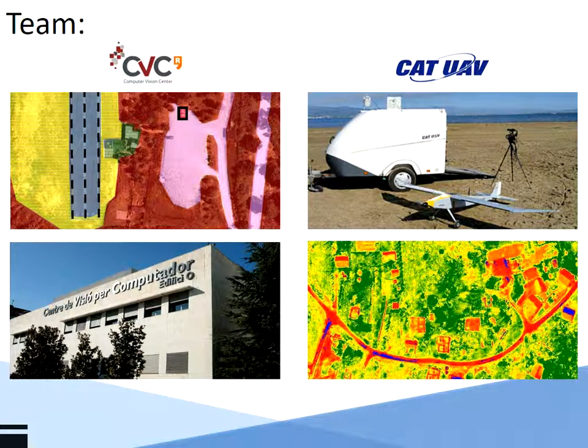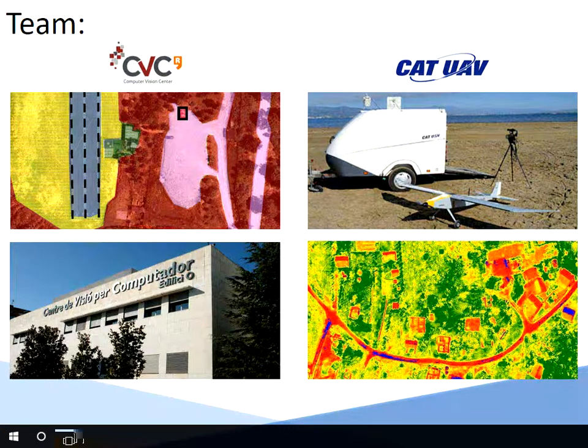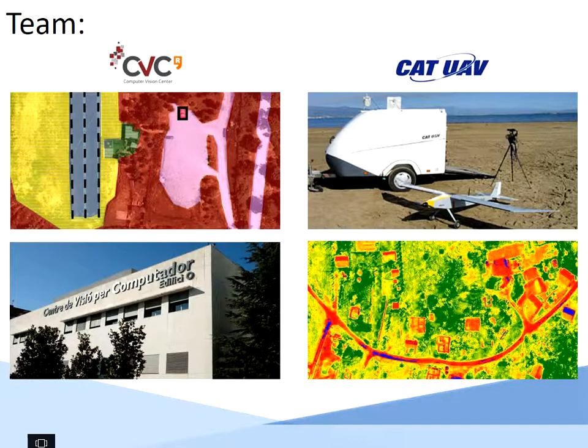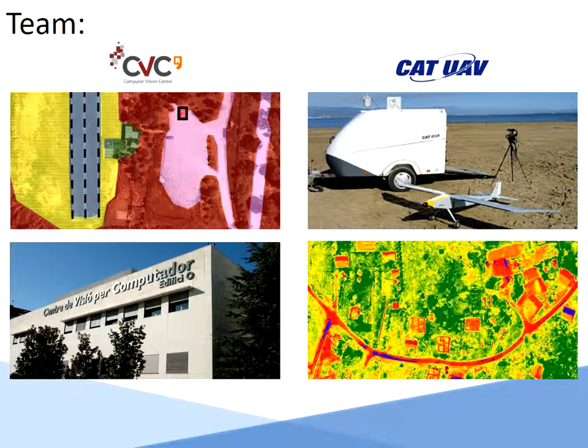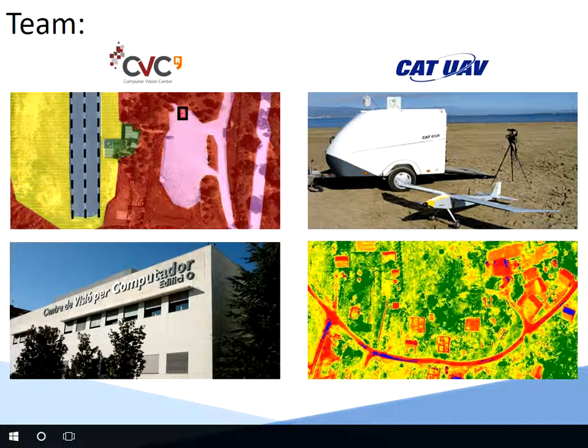So what we started doing when looking at this problem is searching for a good data set in order to properly evaluate it. And we found that there was no such data set available, so we decided that our first main effort was to generate this kind of data set so we can properly study the problem.